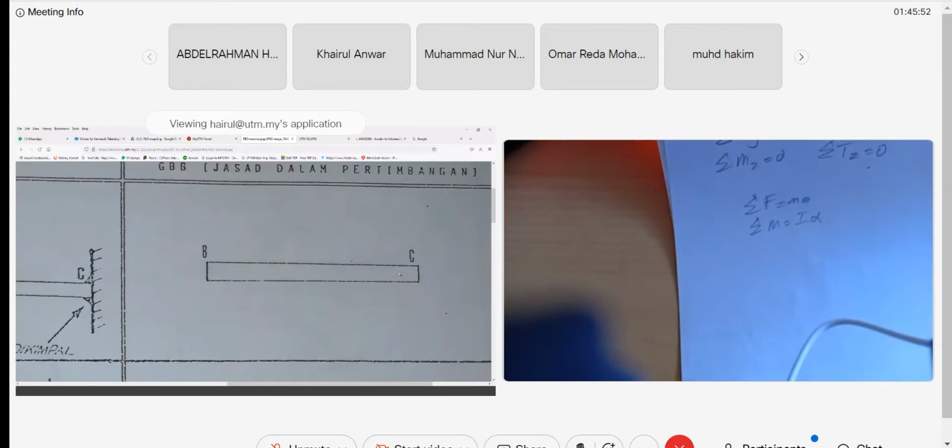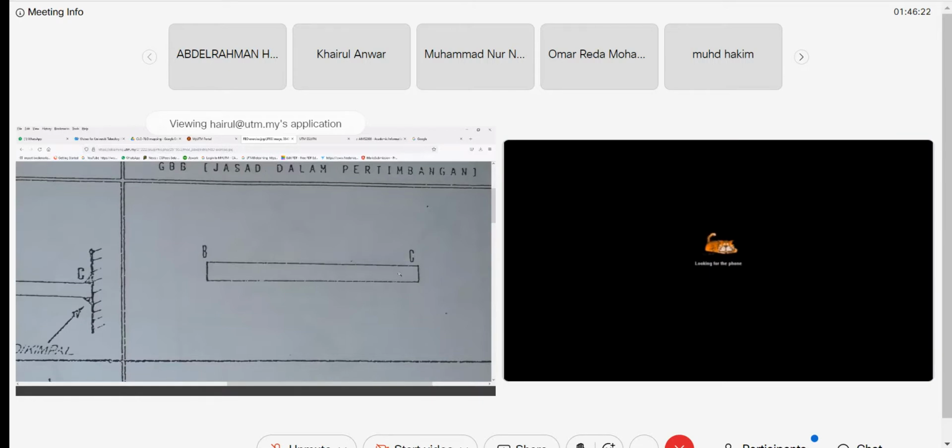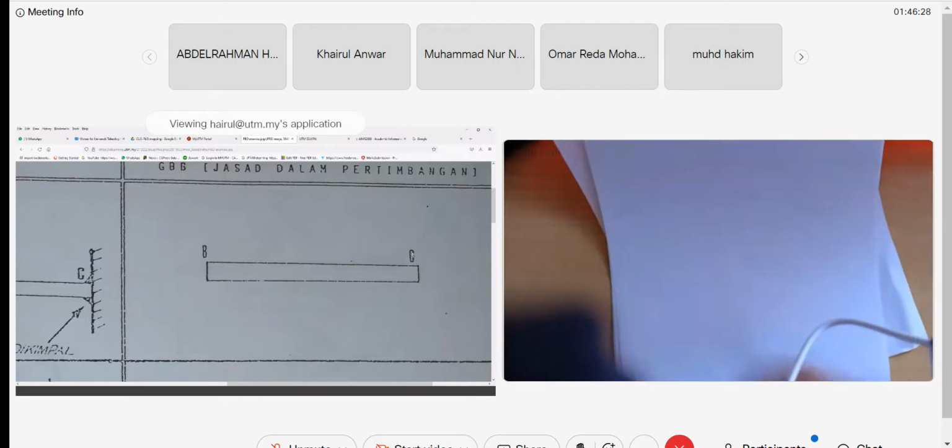PC tu cepat sikit. Line ada terputus apa, dengar ke apa ni? Doktor nak tengok gambar tadi. Boleh see the picture. Saya tak share ke ni? Dalam e-learning ni, kan saya share. Open your e-learning. Alright. Are you open?